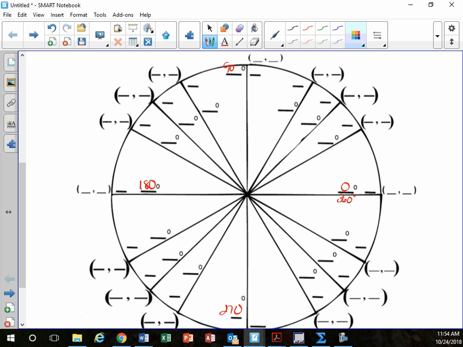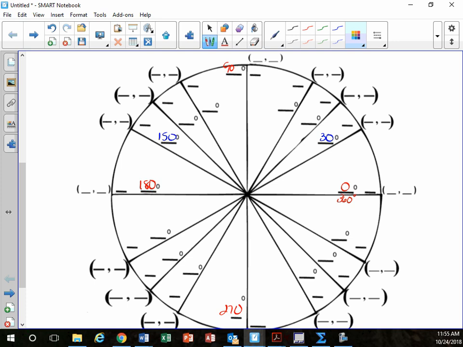What order do you think they're going to go in? 30, 45, 60. Okay, I'm going to start with the 30. That is 30 degrees from my x-axis, right? If I come over here and went 30 degrees back from 180, where would I be? 150, so I'll also make that blue.